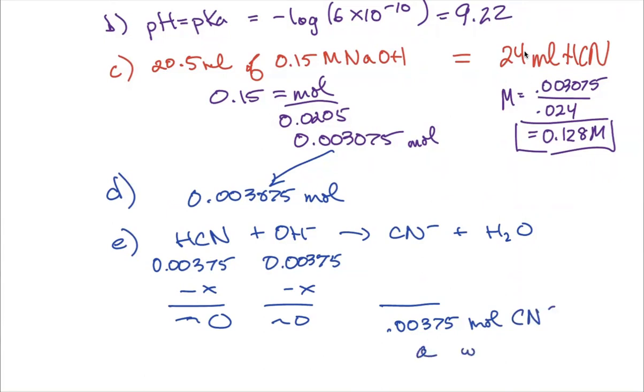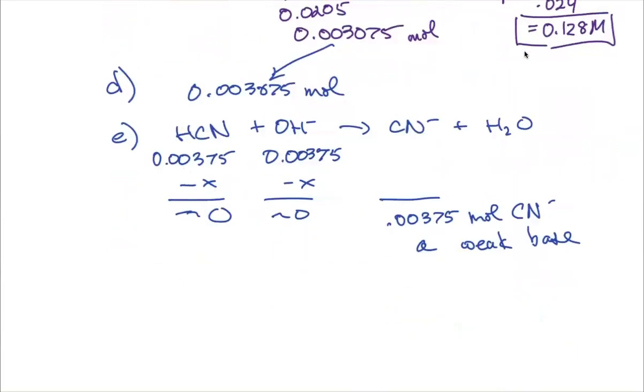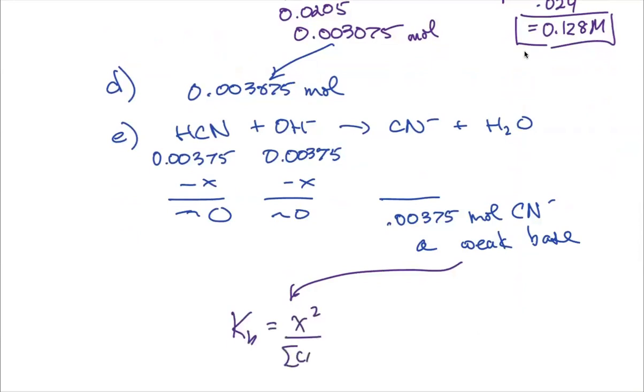CN minus is a weak base. So since this is a weak base, I'm going to do a problem where I have Kb equals x squared over the concentration of CN minus. So I need to get its molarity. CN minus is moles over the total liters.